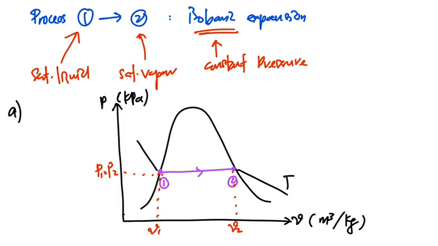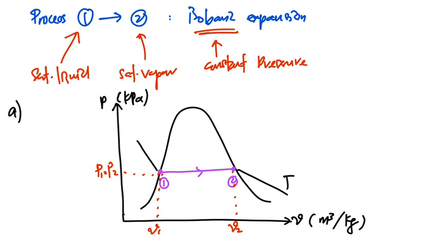Okay, let's move to process 1 to 2, which is isobaric expansion, meaning isobaric is constant pressure. So we directly know the pressure at state 1 equals the pressure at state 2.